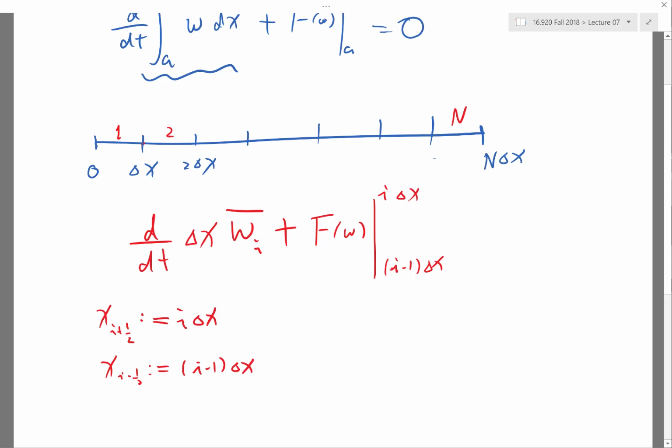Why are we doing this? Because it's convenient: x_{i+1/2} is right in between cell i and cell i plus 1, while x_{i-1/2} is right in between cell i minus 1 and cell i. That makes it very convenient.